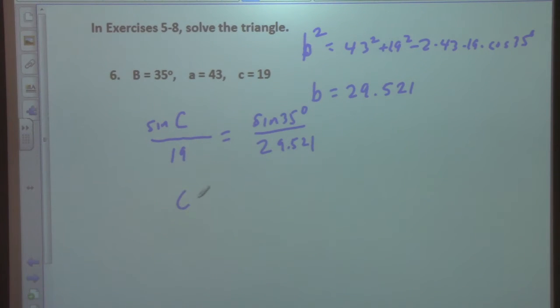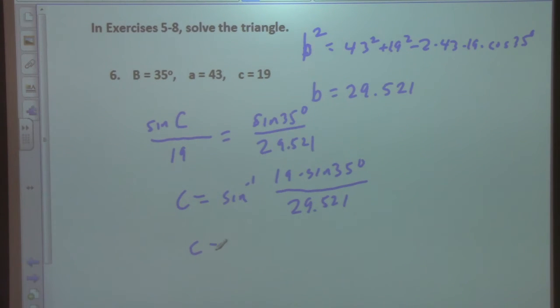So C is going to be equal to inverse sine of 19 sine 35 degrees over 29.521.